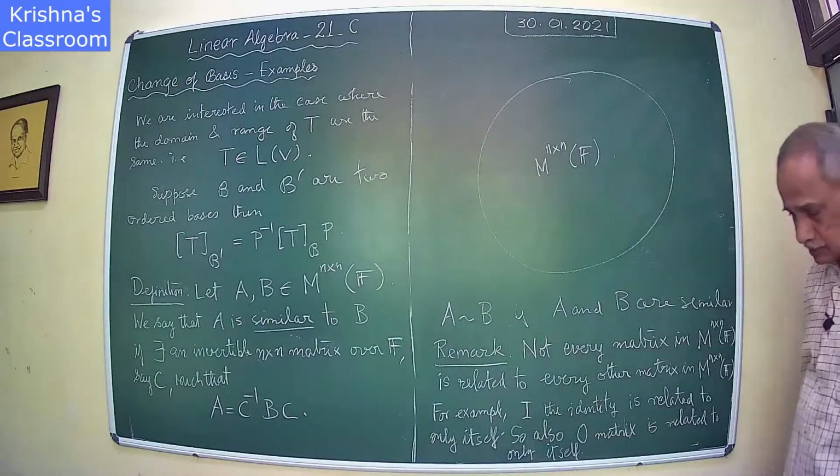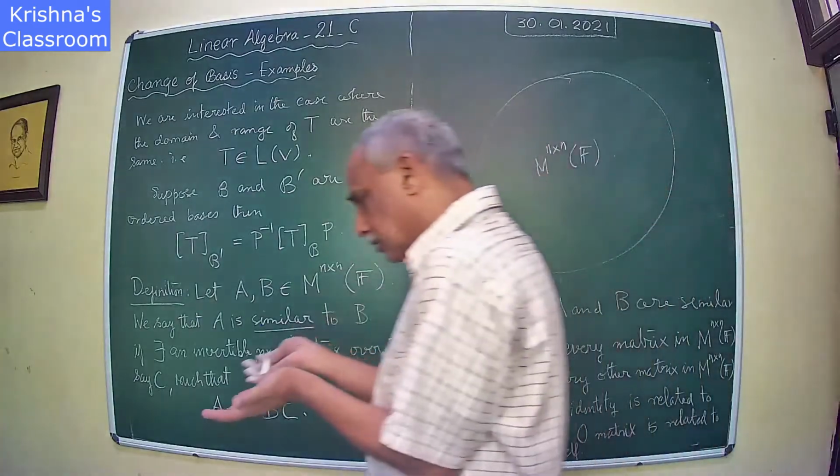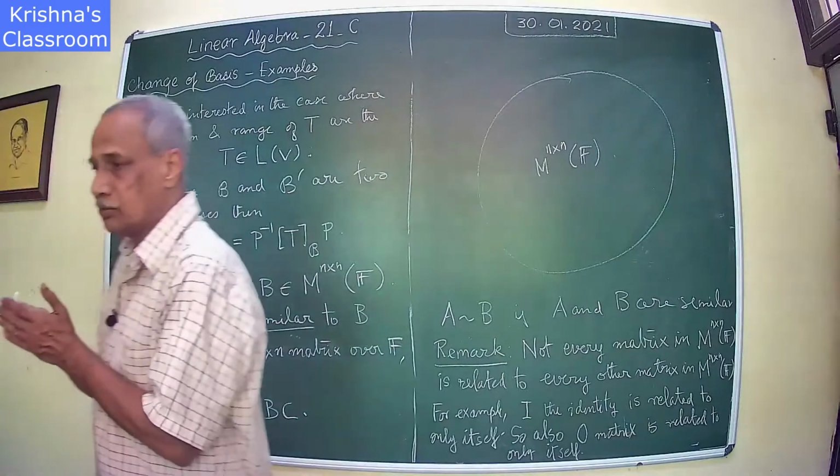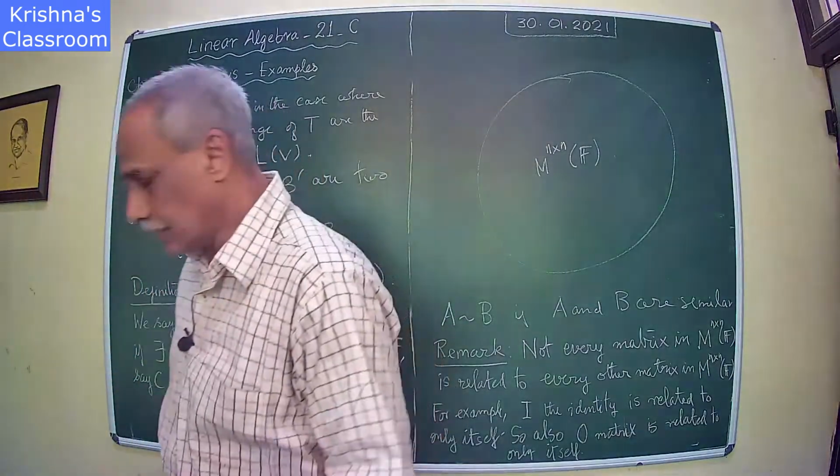Therefore, given a matrix, there is a whole class of matrices which are related to it, and a whole class of matrices which are not related to it.